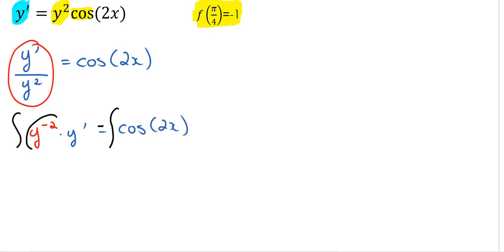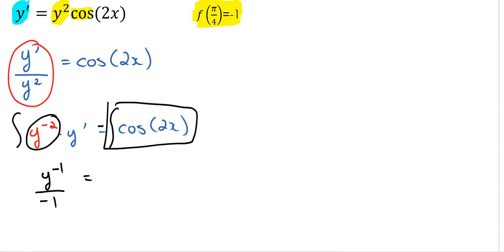This expression right here, I can raise to the power of 1. So this would be y to the power of -1 divided by -1 equals... Now what's the antiderivative of this expression right here? It's going to be 1/2 times sine of 2x plus c.